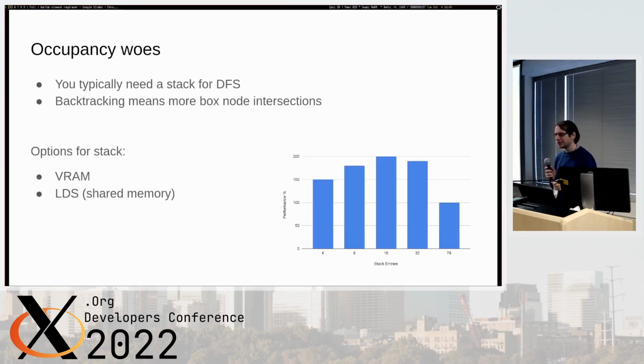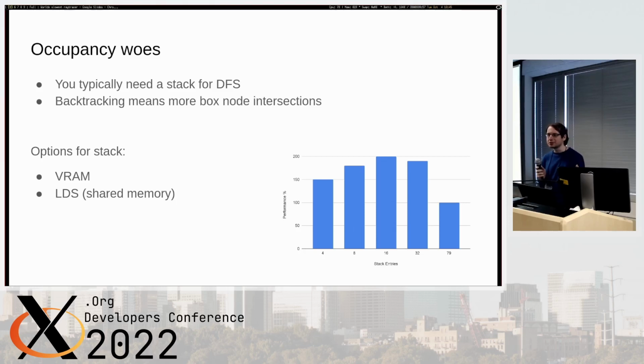And of course, with depth first search, you either need a stack or you need some backtracking. And for backtracking, we have 4,000 per internal node, and it's sorted, so we don't have a predefined order of visiting things. So if you backtrack, you need to figure out, hey, what's the next child?